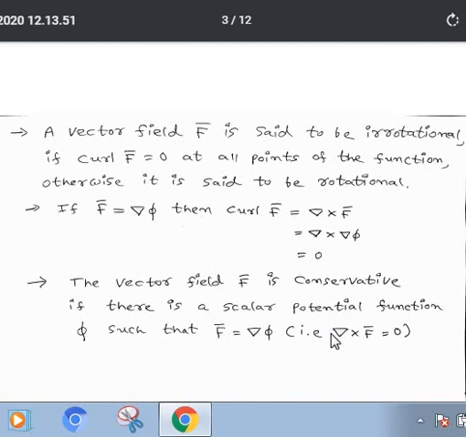From this relation we will be in a position to find out the scalar potential function phi, and how, we will see with the help of one example. Irrotational and conservative both are synonyms.